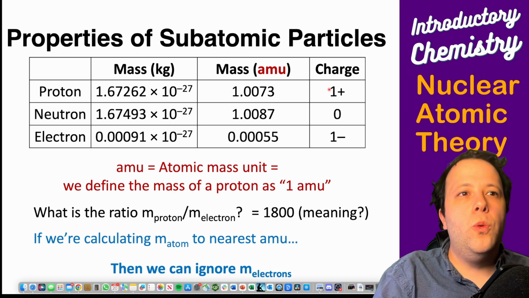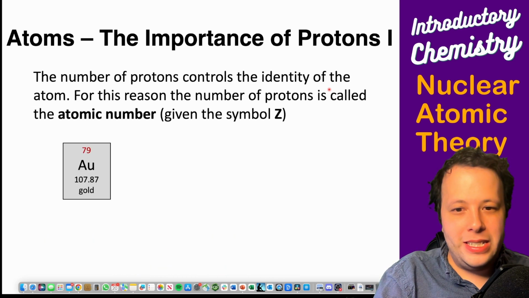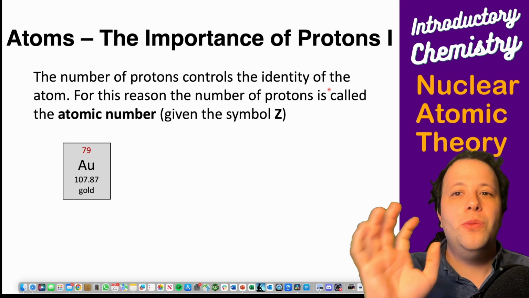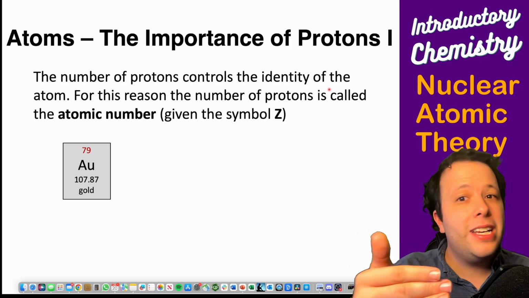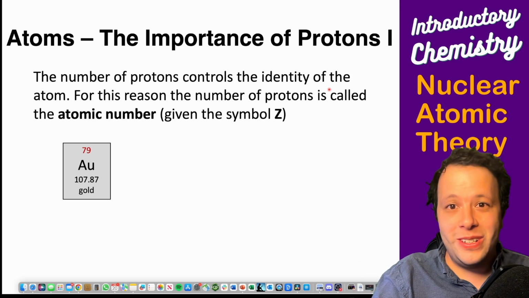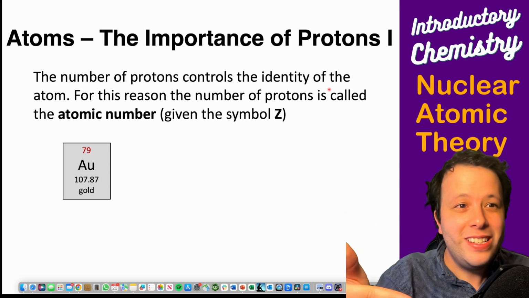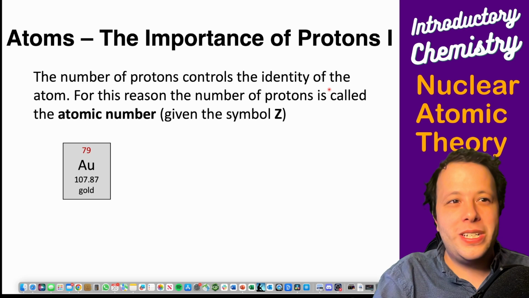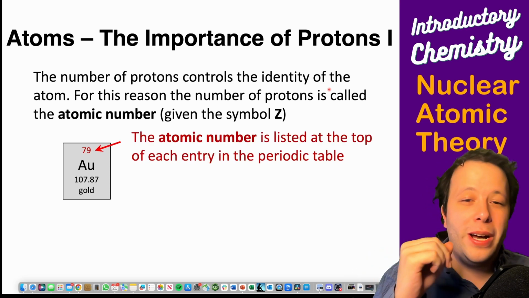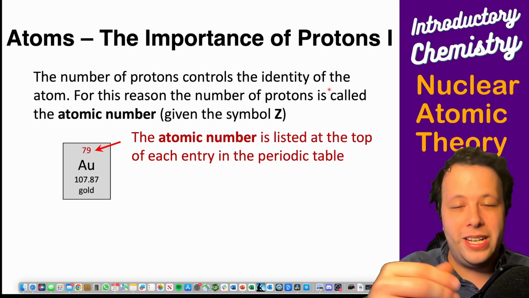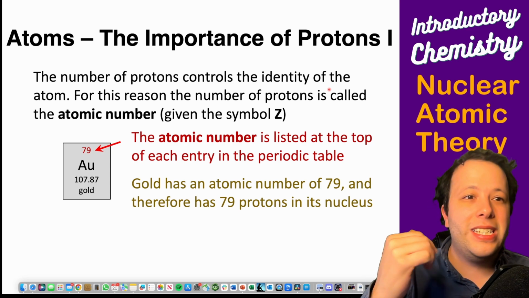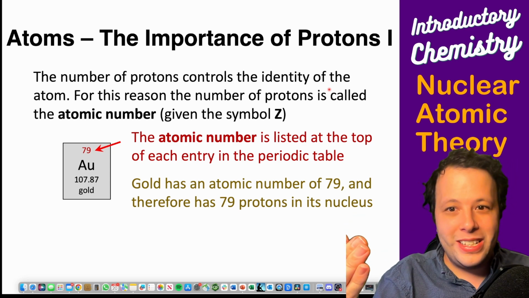Now, the last important point is really focusing on the importance of protons. One thing that you'll notice is that the periodic table is organized by atomic number. And I'll say this in many videos, that's extremely important, because the atomic number, which is listed on top of any one of these elements, tells you how many protons something like gold has, for example. Gold has 79 protons. Therefore, it has 79 protons in its nucleus.